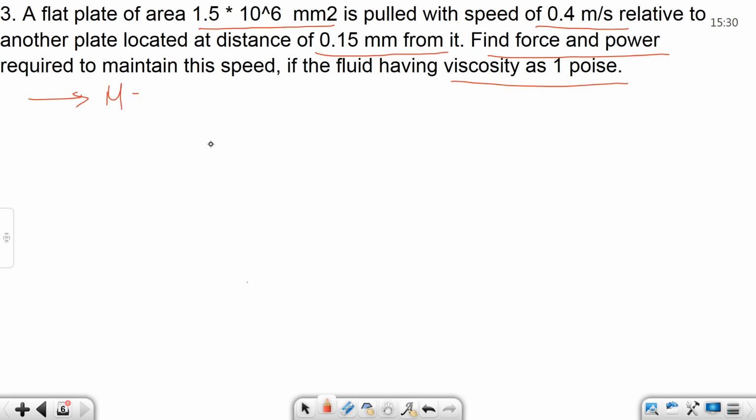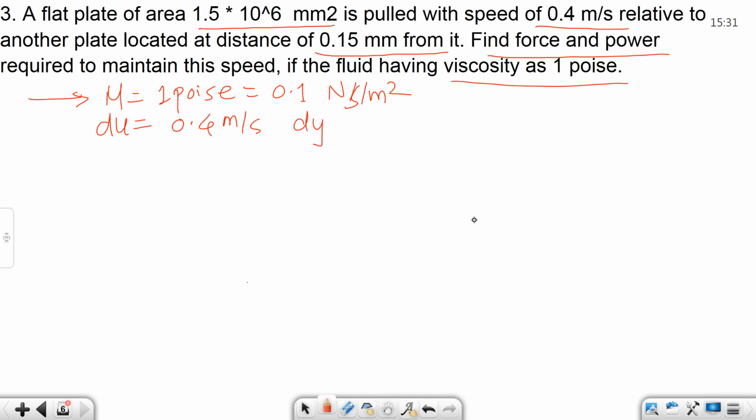So take mu is equal to 1 poise. Conversion of 1 poise into SI unit will be 0.1, means in the SI system divided by 10, Newton second per meter square. So mu is 0.1. Velocity is given, du change in velocity, which you can take 0.4, unit is meter per second.